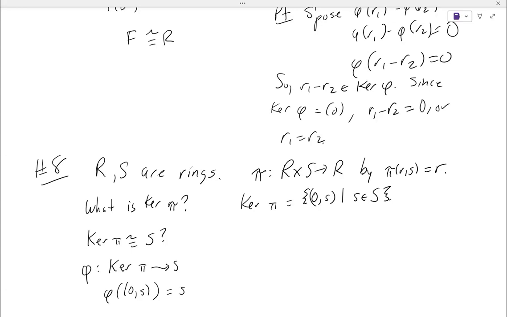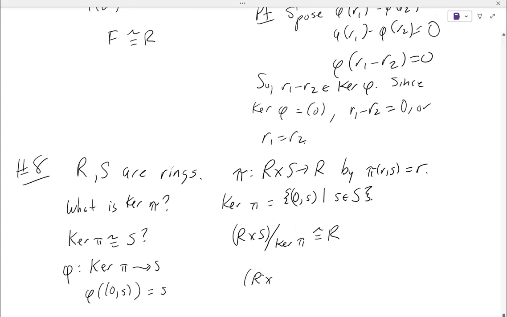So the idea behind this, of course, is that when you do R cross S and mod out by the kernel of this pi, you should be getting something that's isomorphic to R. Now that doesn't seem very exciting at all, but let's think about the notation now and why this might look like algebra that you've done before.